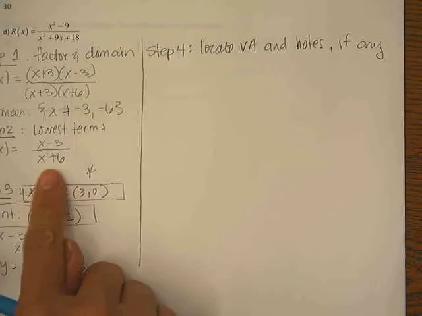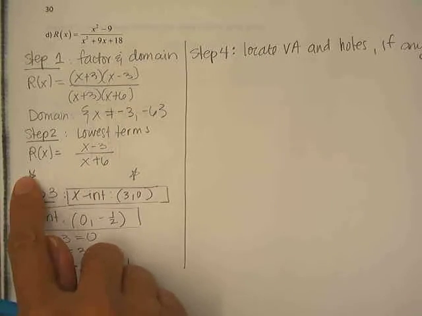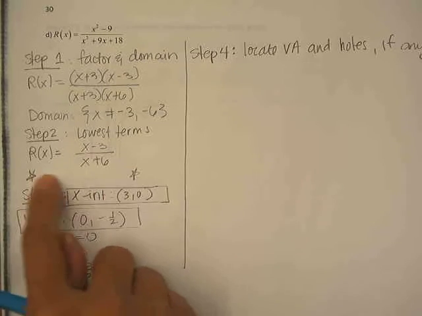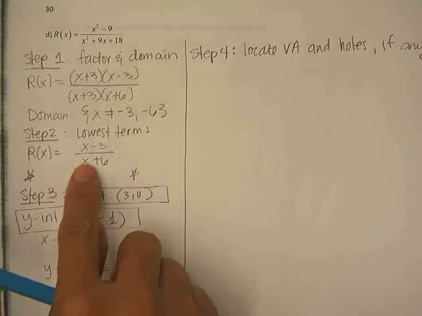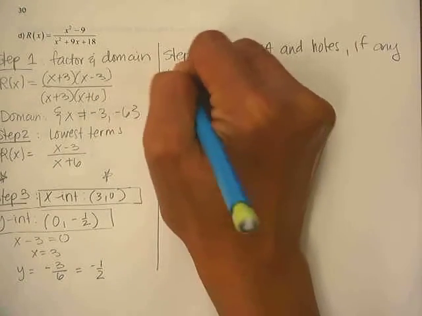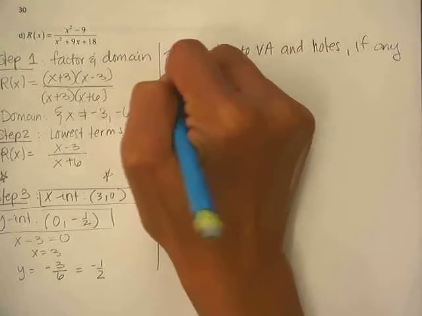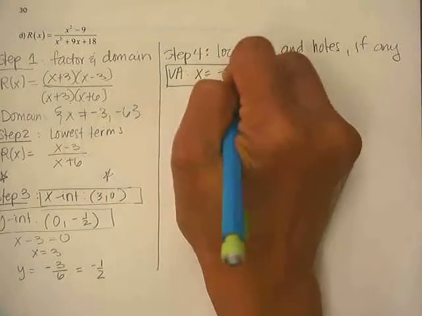We have one VA, which comes from the denominator. Keep in mind, you should be using the reduced form from steps 3 to 7, so that's why I'm only focusing on this. Your VA is x equals -6.